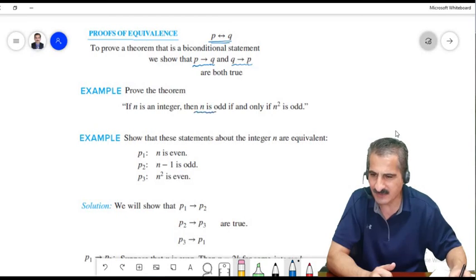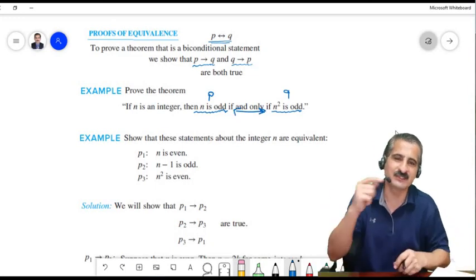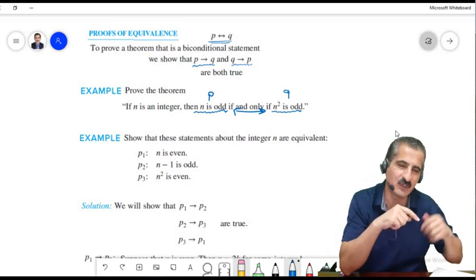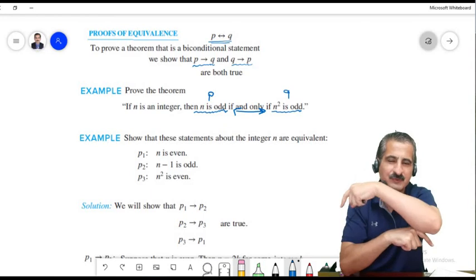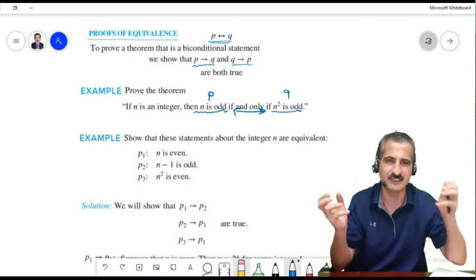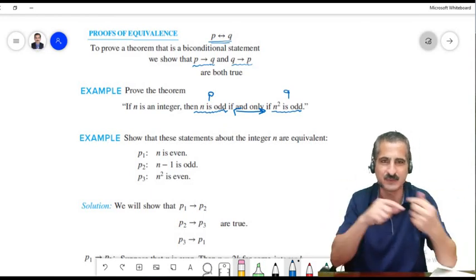This is P. It says n square is odd. This is Q, and here we are saying if and only if. That means if n is odd, then n square is odd. And going the other way, if n square is odd, then n is odd. So we will say n is odd if and only if n square is odd.